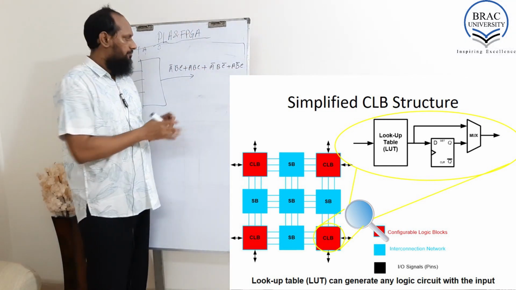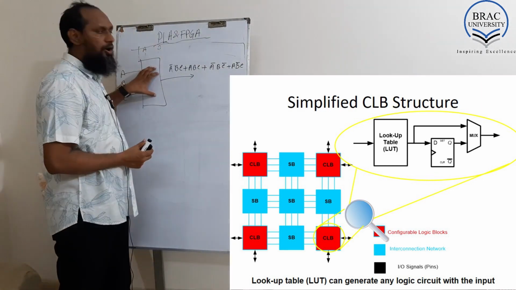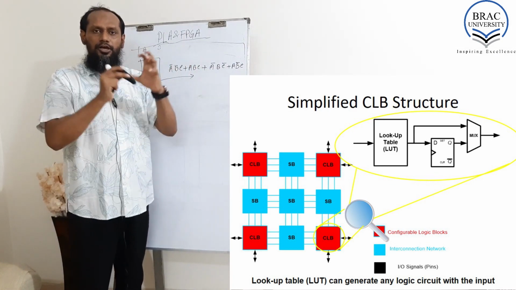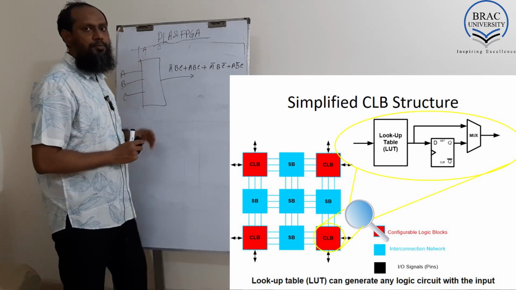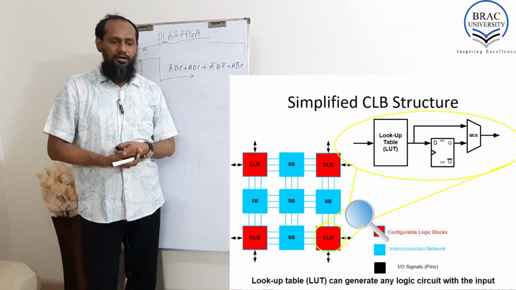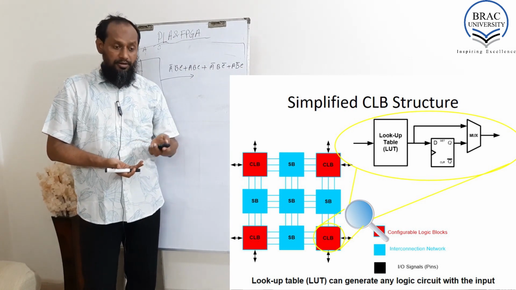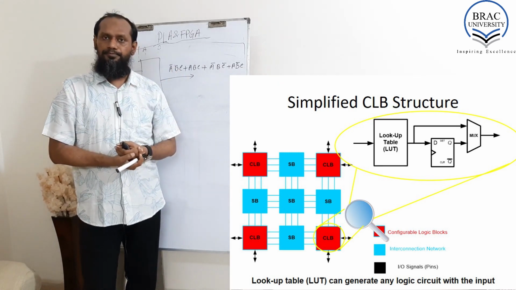This kind of logic operation we want from this block. It is possible. So any kind of logical operation for these inputs is possible in this CLB, programmable logic block, configurable logic block, by using a lookup table.